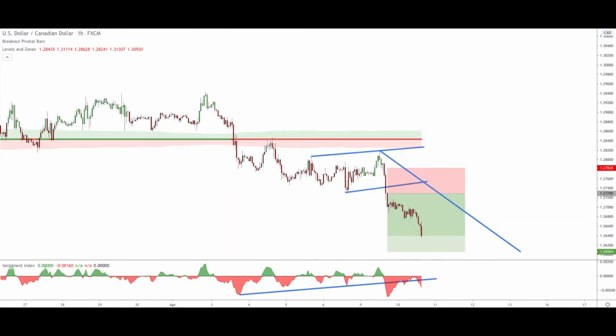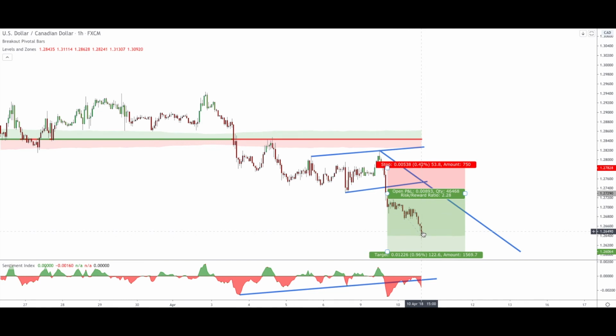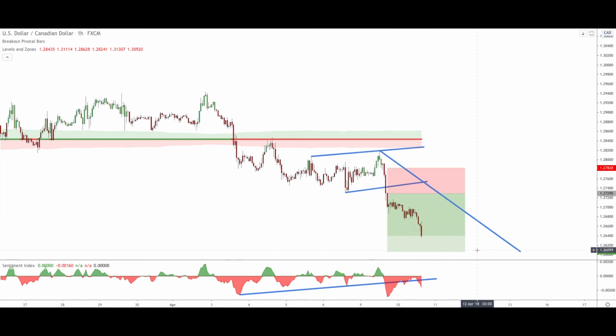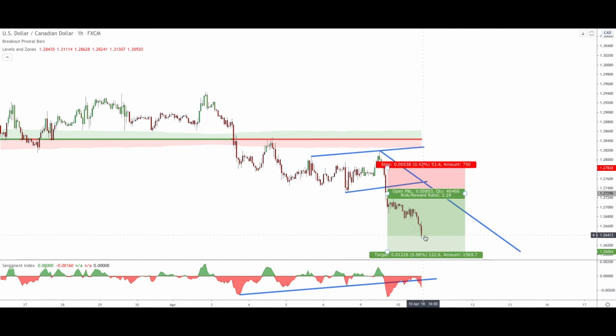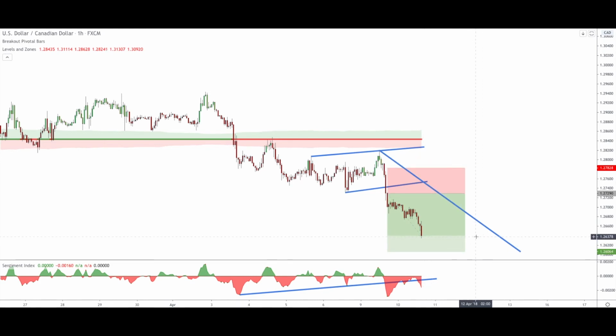So I'm about 1 day into the trade, and there's really nothing much to say about this trade. It's all running smoothly. It's moving towards the target. It's probably going to take some more time, but I don't see any issue with this trade. We still have the resistance wall up here.